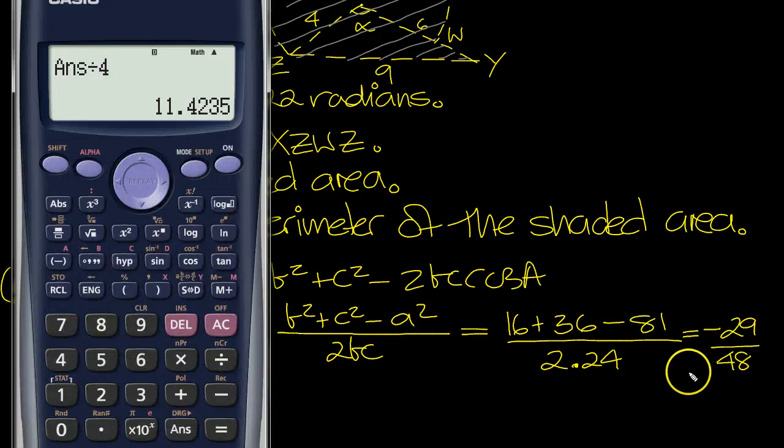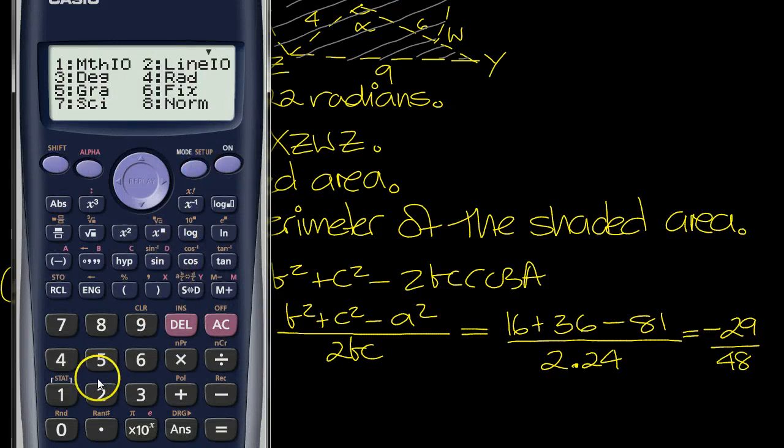So shift cos. We're in radians mode, so let's go to mode radians, number 4.